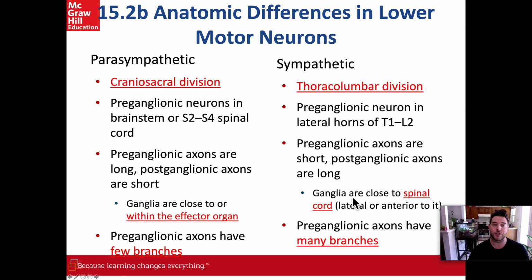And your ganglia are close to your spinal cord, lateral or anterior to it. We'll see that there are two different locations for the sympathetic ganglia. So as opposed to being closer to your effector organ, the sympathetic ganglia are closer to the spinal cord, and the preganglionic axons have many branches, so a lot of neuronal divergence in the sympathetic compared to almost none in the parasympathetic.